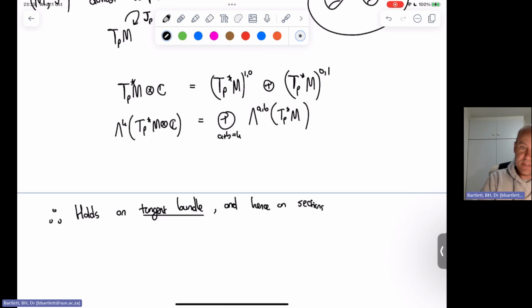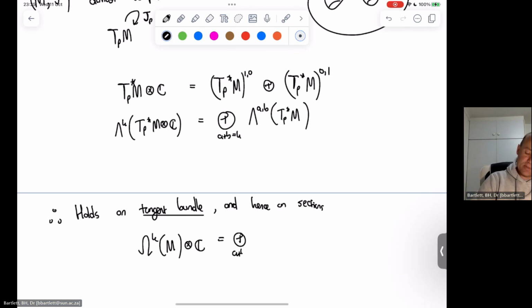In other words, complex valued k-forms on M is going to split as the sum of k-forms of type (a, b).